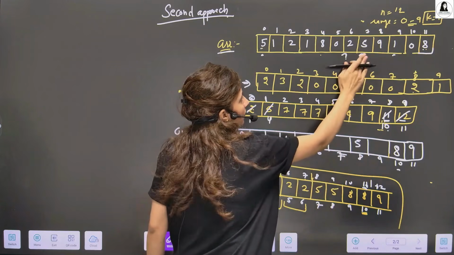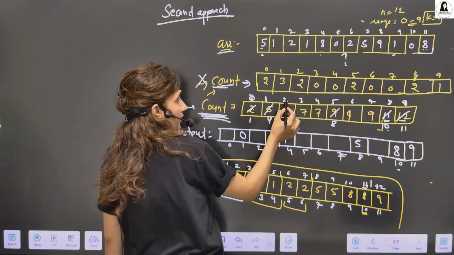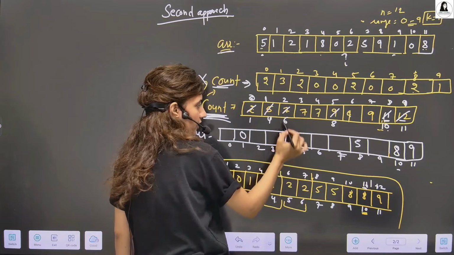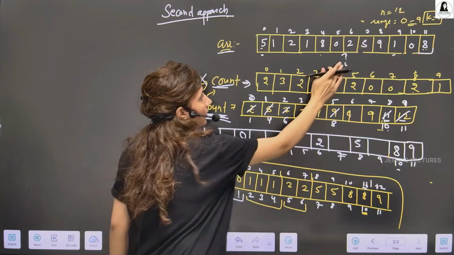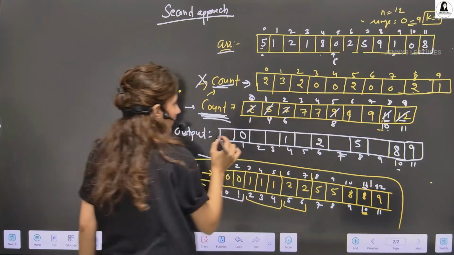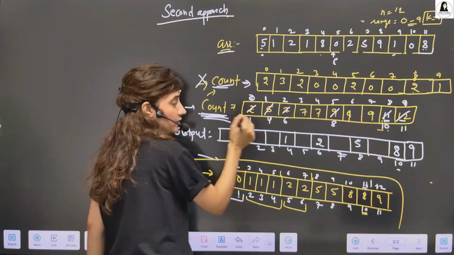Minus minus. Here we have I, that is 2. So go to the second index. Position is 7. Just -1 to get the index 6. At 6, put 2. I minus minus. I is here. I is 0. Go to the 0th index. At 0, we have 1. Again, first decrement the position.